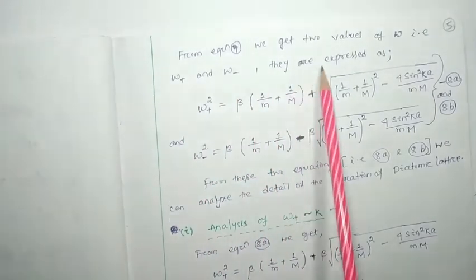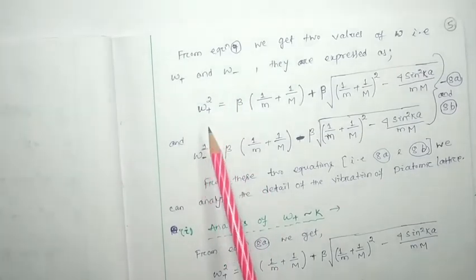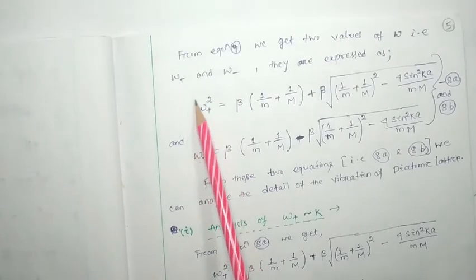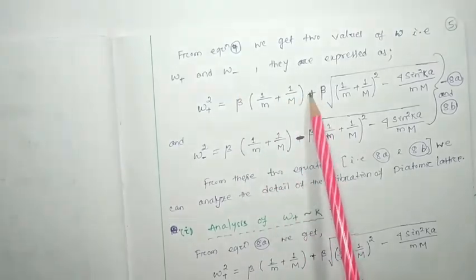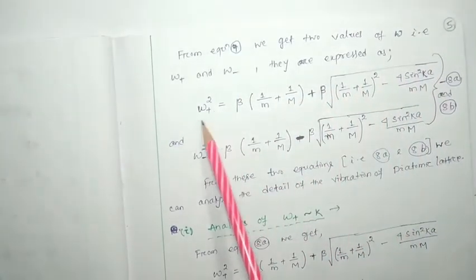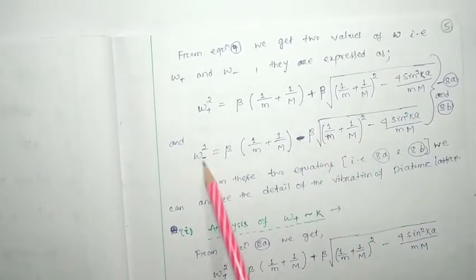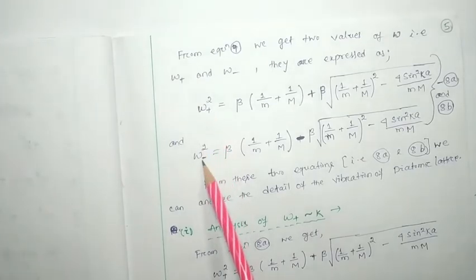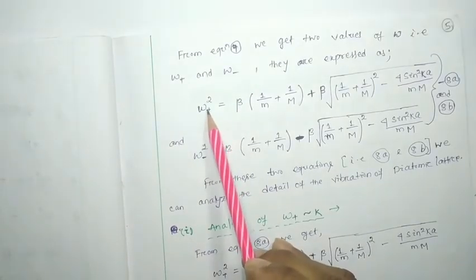Plus and minus are subscripts, meaning this is the higher frequency and this is the lower frequency, because one term plus another term will obviously be higher, and the same term minus the other term will be lesser. So omega plus means higher; you have to give the plus sign as a subscript of omega.